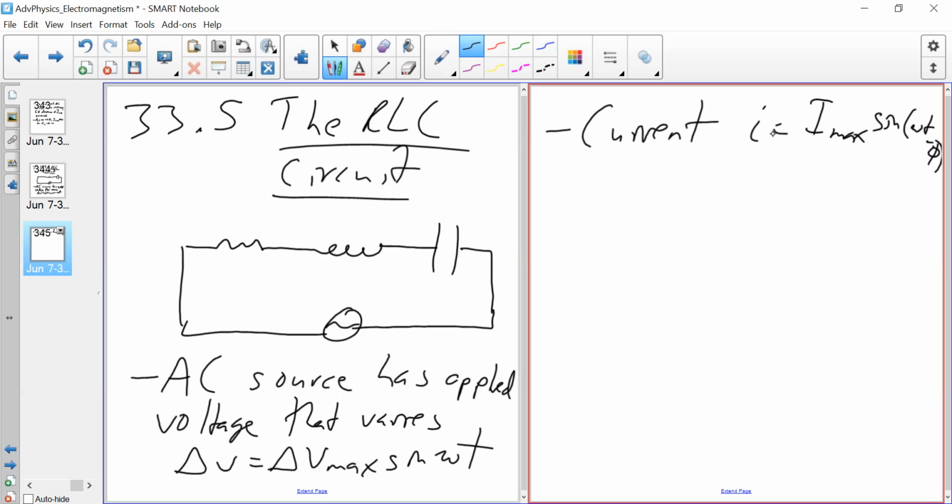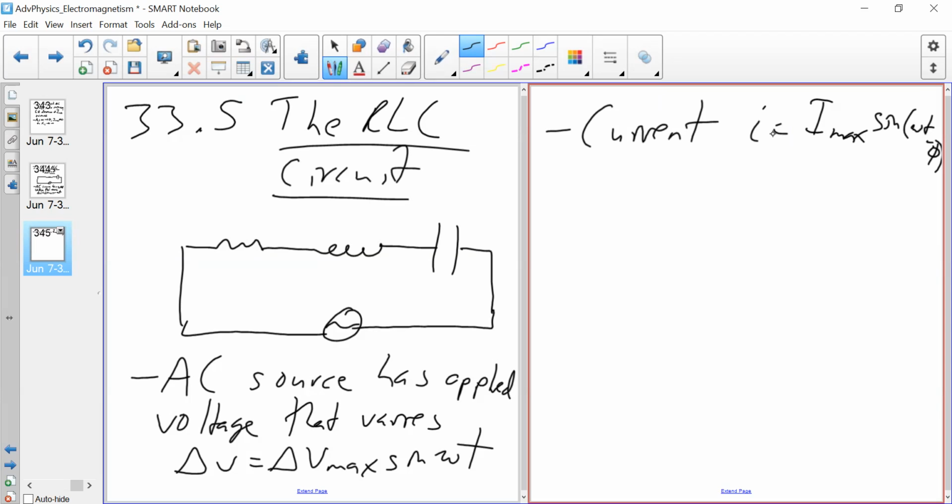And that's in turn going to allow us to talk about the voltage in an RLC circuit, current, and we're not going to talk about individual reactances, the inductive reactance, the capacitive reactance. We'll talk about overall RLC reactance that we call impedance.